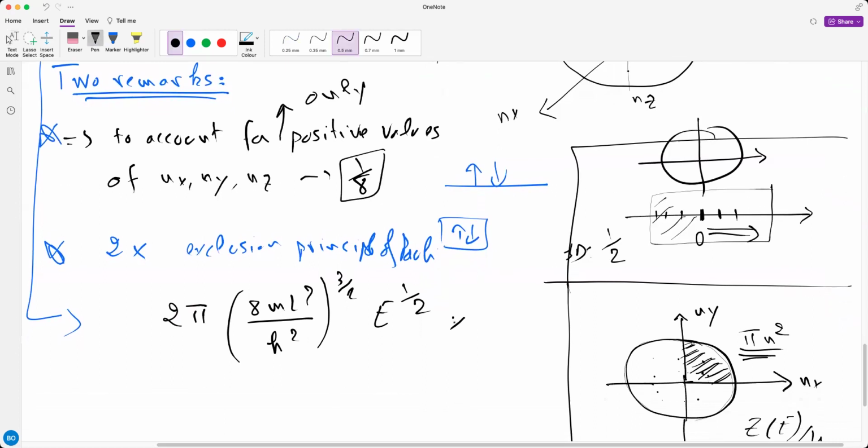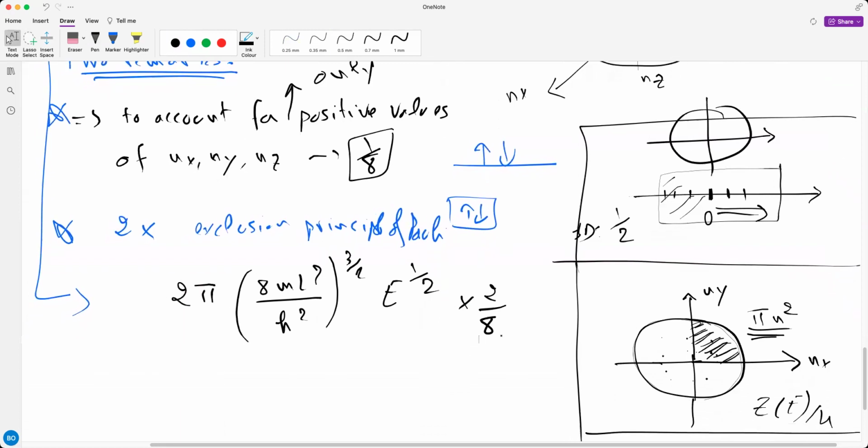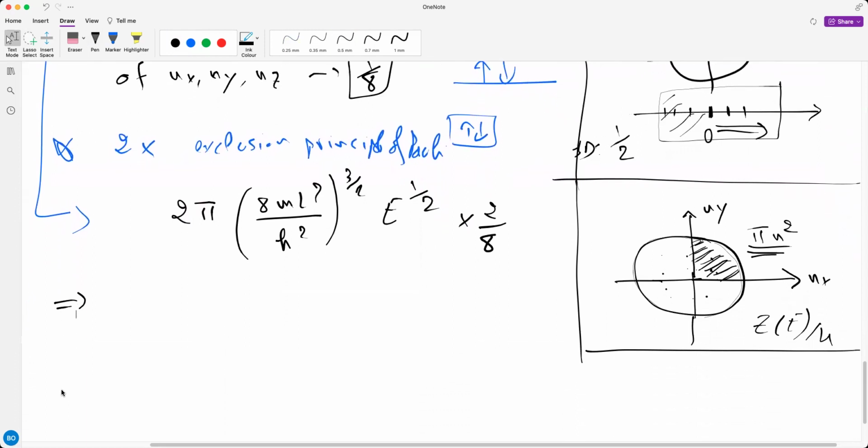I have to multiply it by 2 and divide it by 8. So I can give you the final density of states. The final density that we will be using, we call it Z(E), and it is equal to a constant C times E to the power of 1/2.